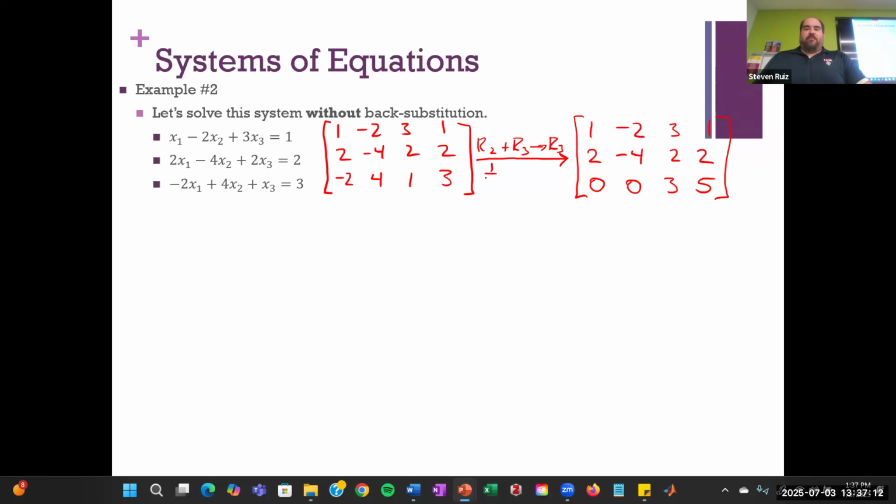So 1/3 row 3, back to row 3, 1, 5/3. Go ahead. Row 2 is all even numbers, so yeah, let's do it.